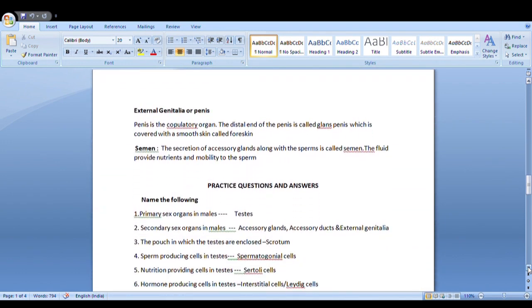Next comes the external genitalia or the penis. Penis is the copulatory organ. The distal end of penis is called glans penis, which is covered with a smooth skin called foreskin. Semen. The secretion of accessory glands along with the sperms is called semen. The fluid provides nutrients and mobility to the sperm.